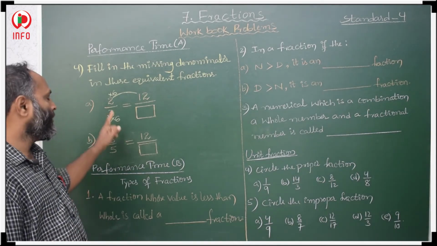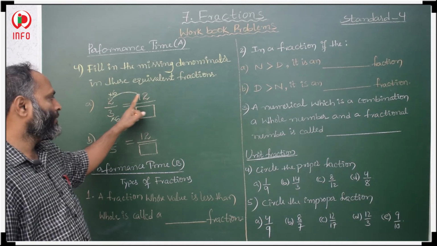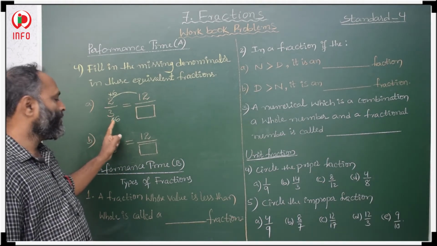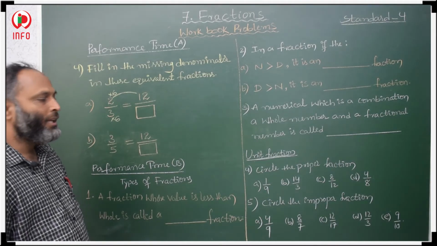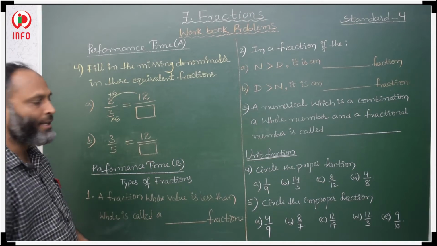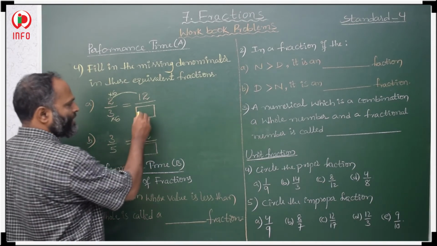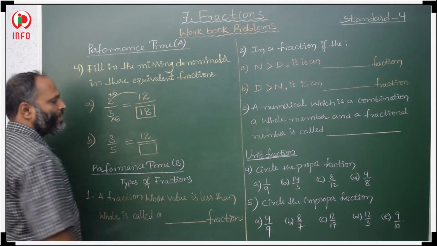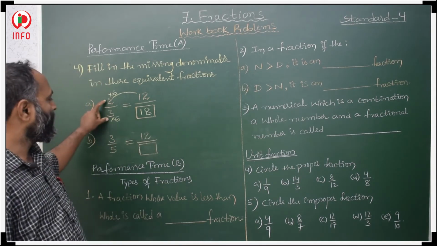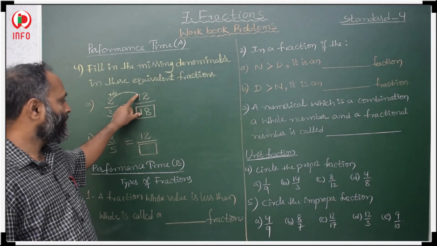Now, check what is the product. 3 6s are 18, that we have to fill in this box. What is our denominator? 18. 2 by 3 equivalent fraction is 12 by 18.